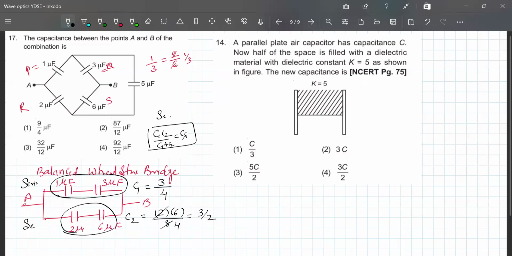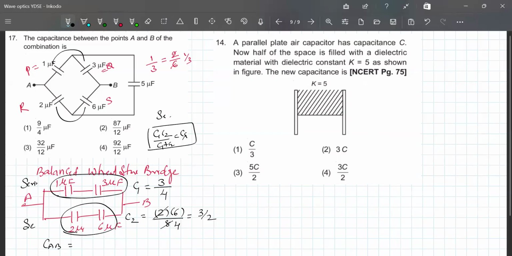Okay. Now, for the equivalent capacitance, these two are connected in parallel. So, what do we get as the answer here? 1 into 3 by 1 plus 3, 4, as these are in series. These two are in series, so it becomes 2 into 6 by 2 plus 6, 8.